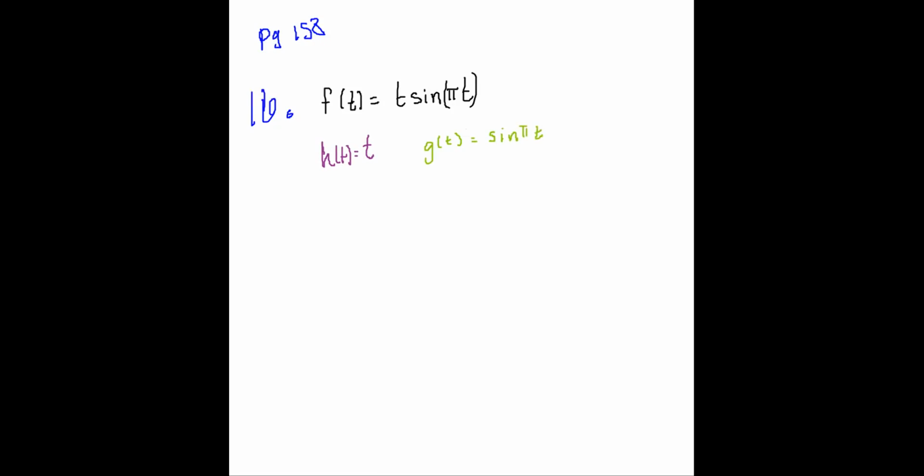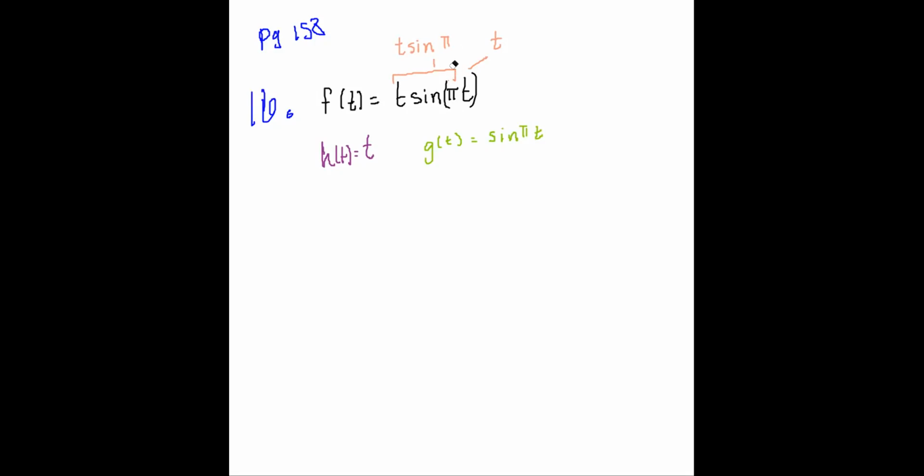The reason I wanted to make that distinction is because somebody in the chat said t sine pi and t, and I wasn't sure if they meant divvying it up like this and then like that. But when it's together, it's going to stay together in those hypothetical parentheses.